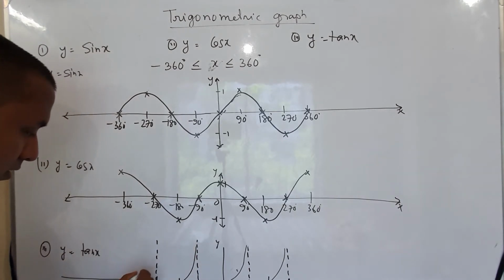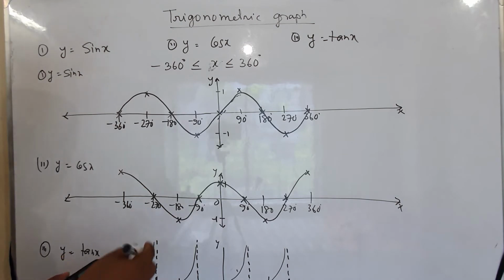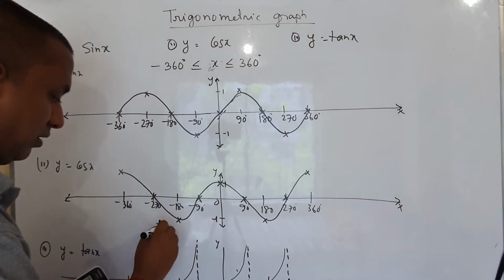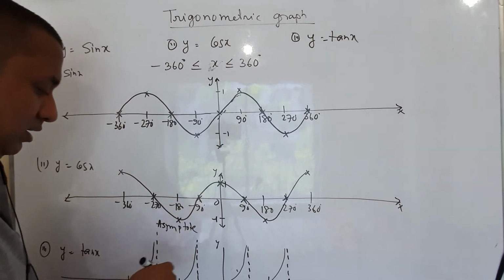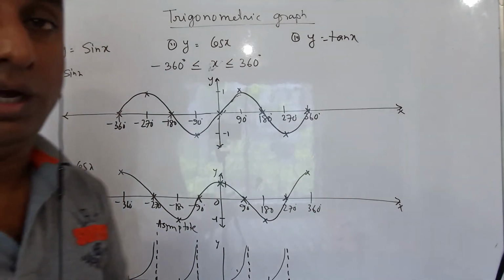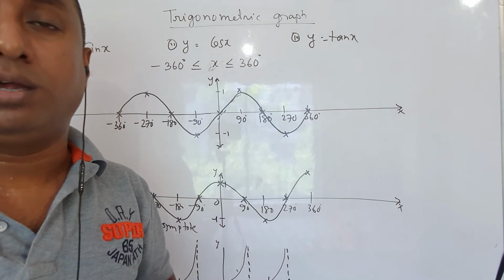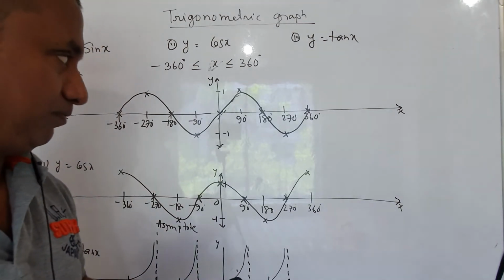Okay, this is the tan curve. So this line is called an asymptote. The tan curve will go near that line, but it will never ever meet this line. These lines are called asymptotes.